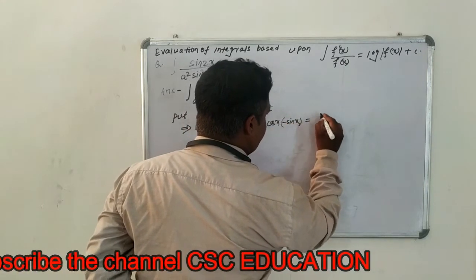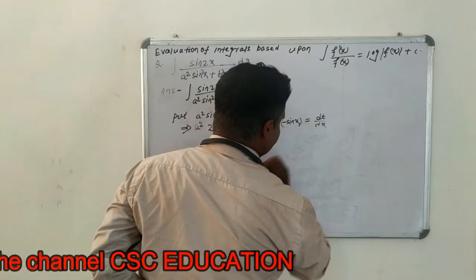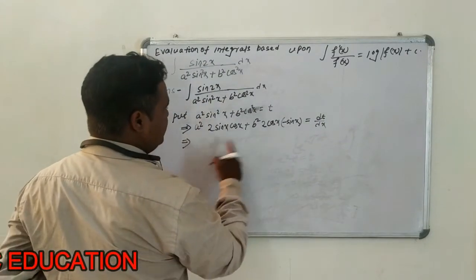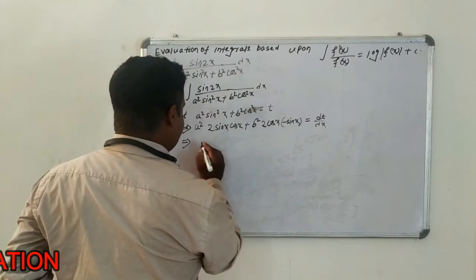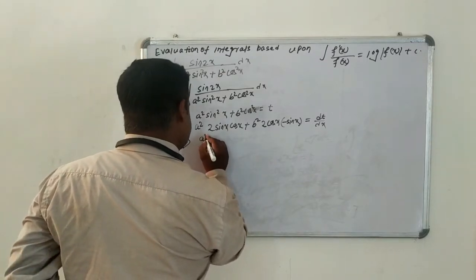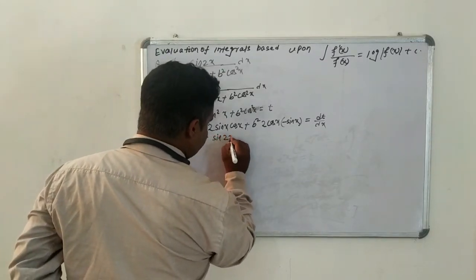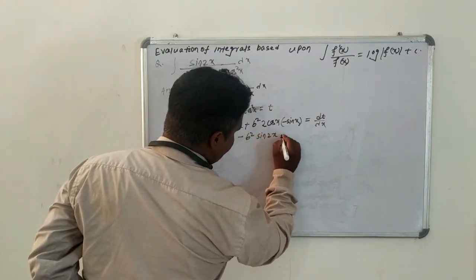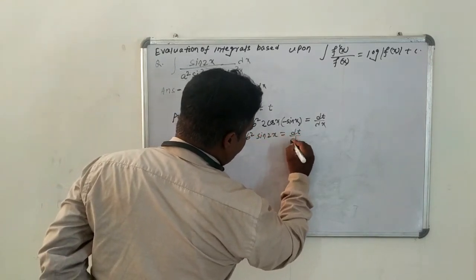This value equals dt by dx. Now here a square sin 2x, and b square with the minus factor, minus b square sin 2x, equals dt by dx.